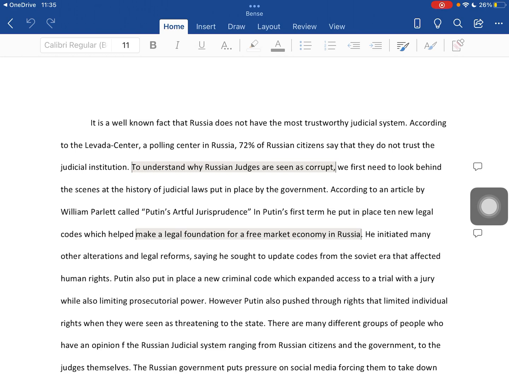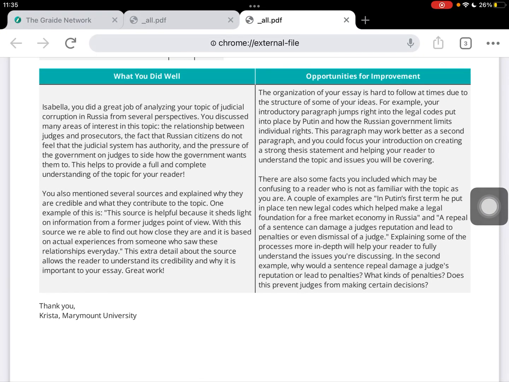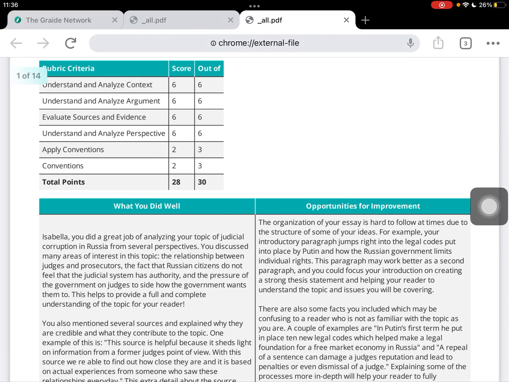So again, two places that you have feedback. One, the inline comments that you'll only have if you've submitted a Word document, and that's how your teachers have submitted it. This wouldn't work if you had a PDF or if you did a handwrite. And the other is the cover page.